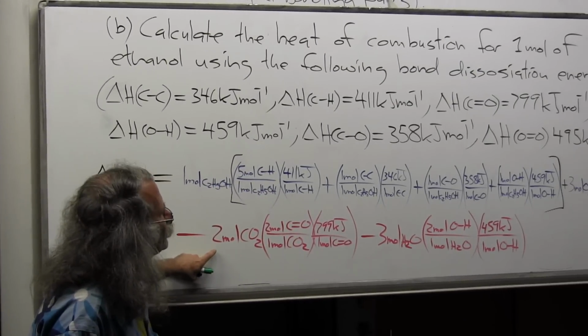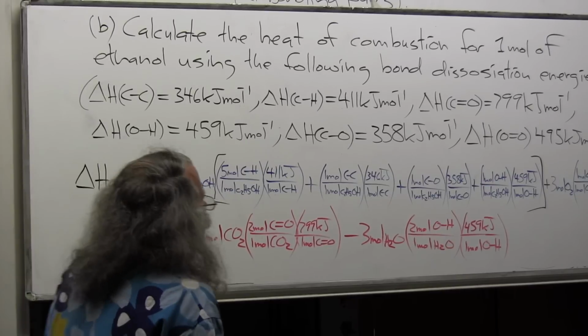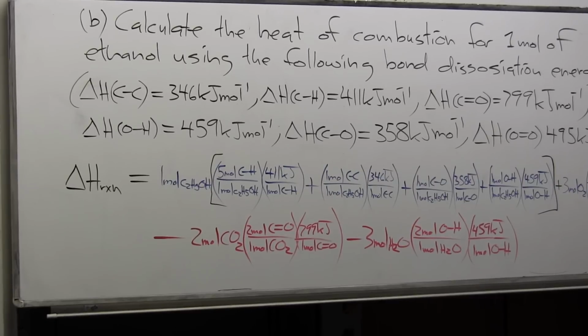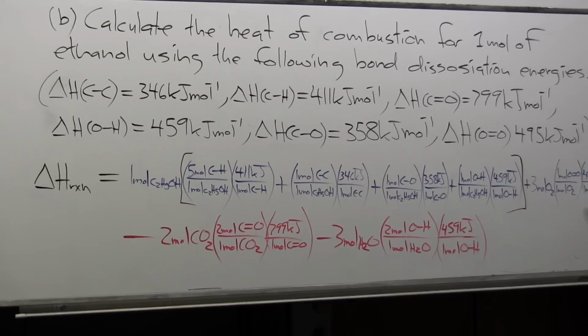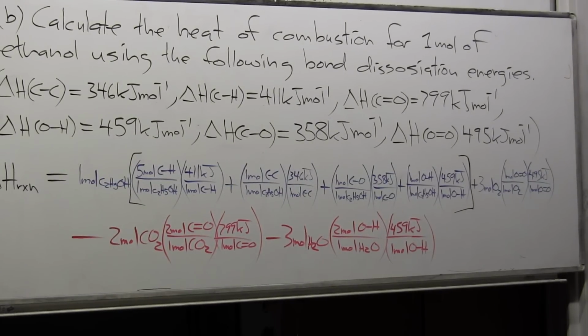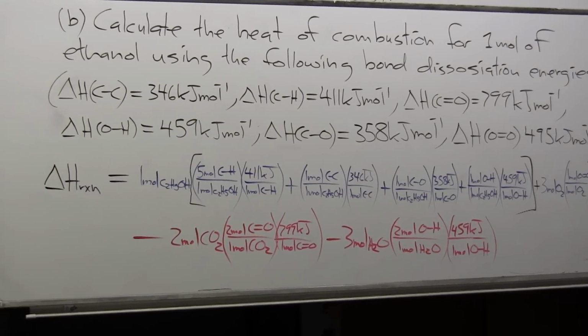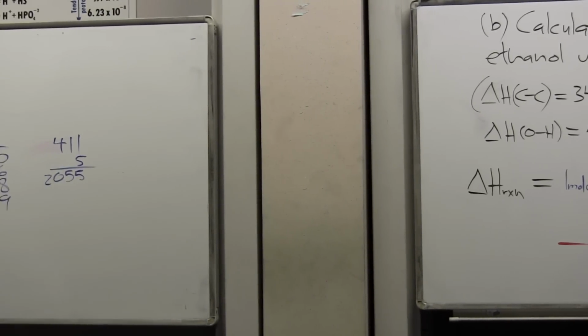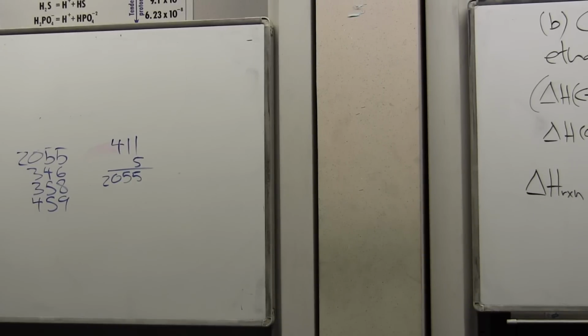But first let me check, did I get all of them? 459 and 495. Did I include 495? No, I did not. So I better go back and check that. That's why I want you to write this out, because it was 495, I left out the oxygen, 495, which is a nice dyslexic event here. Yeah. And there's 3 of those.